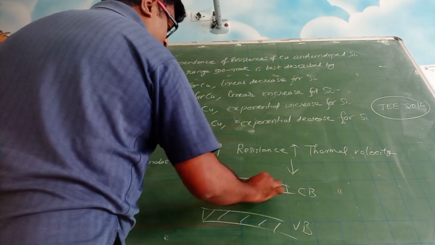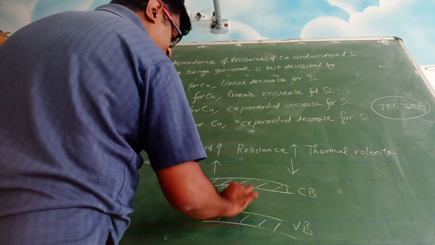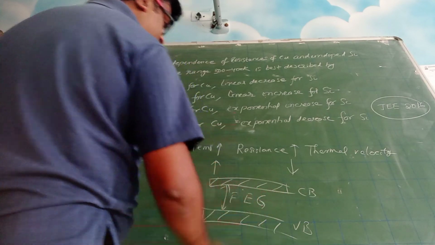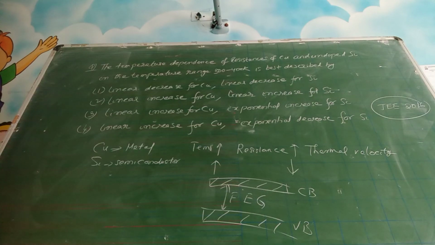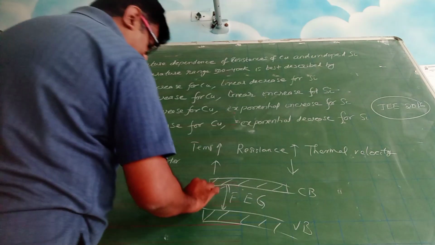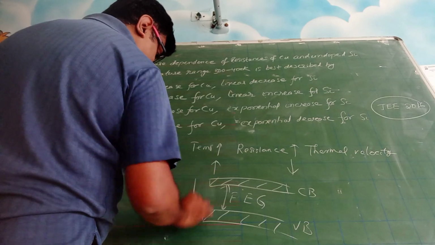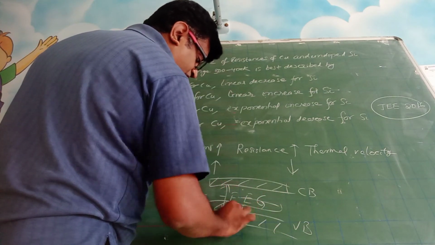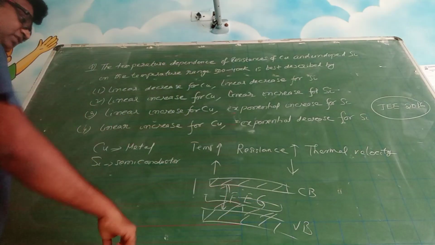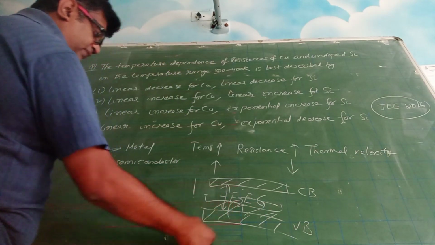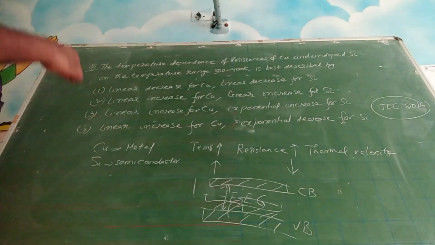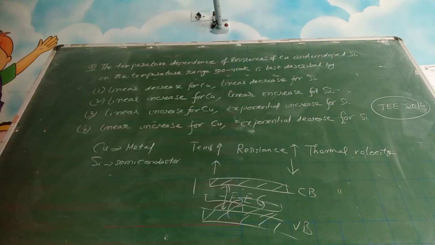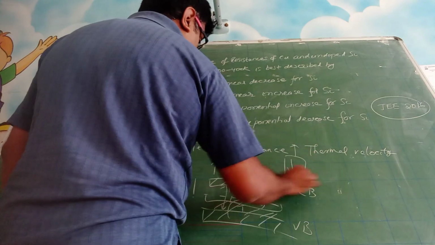In between there is a forbidden energy gap. When you increase the temperature, this gap actually shrinks. When it is reduced, electrons can freely move from the valence band to the conduction band. If the electrons are freely able to move, that means the resistance has dropped.